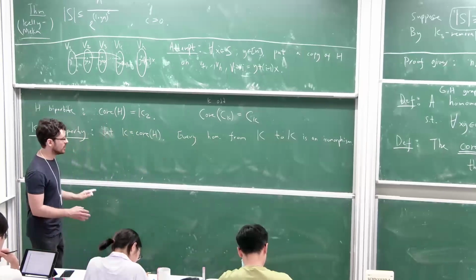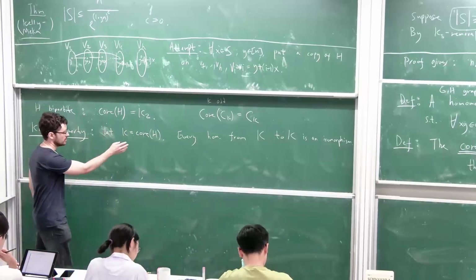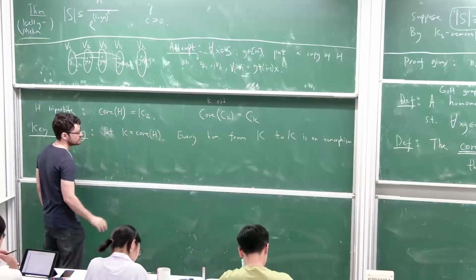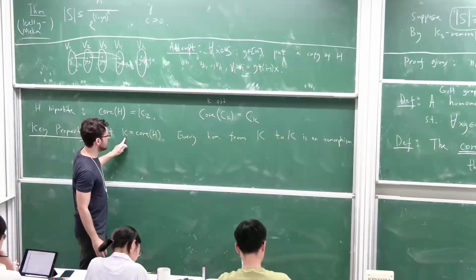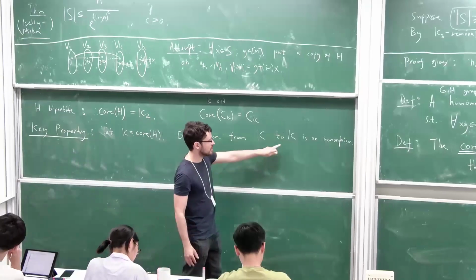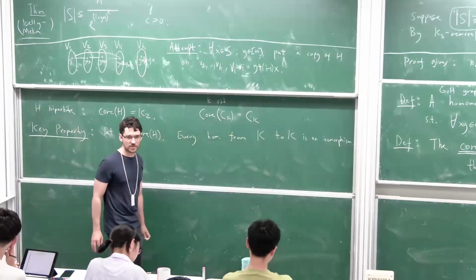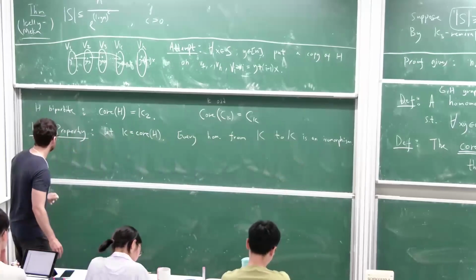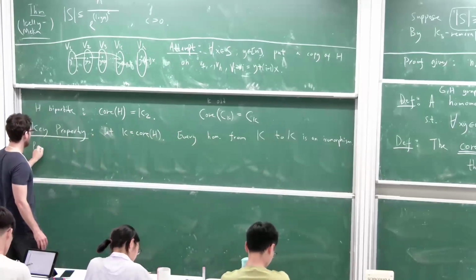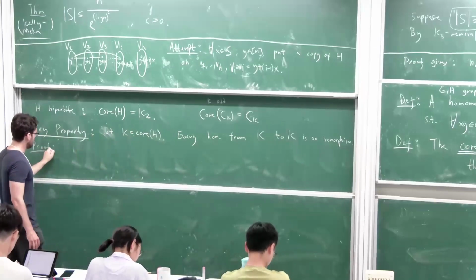So I claim that if we take the core of the graph, then this K has the property that any homomorphism from K to itself has to be an isomorphism. So let's prove this.